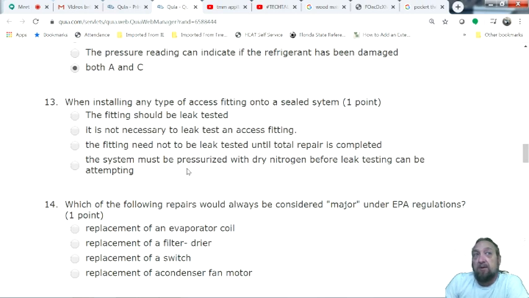So it's C. The answer is A. The fitting should be leak tested. So if you put a valve on the system, the first thing you want to do is make sure that valve doesn't leak. Because you don't want to recover Freon if it's leaking because it's going to suck air and moisture into your recovered Freon.